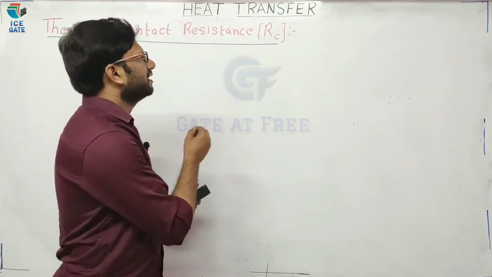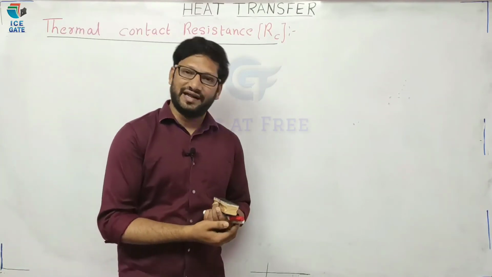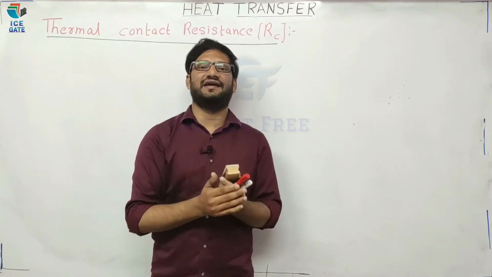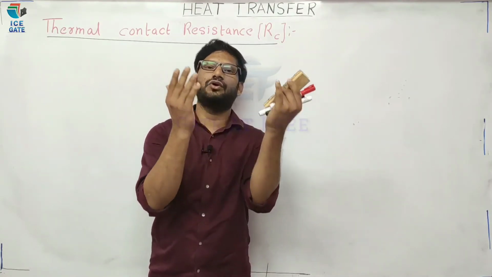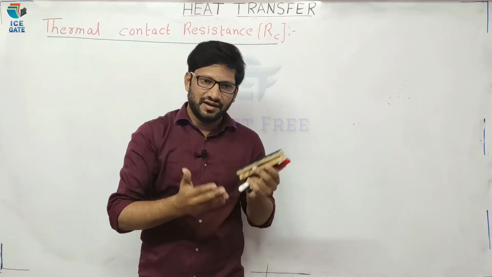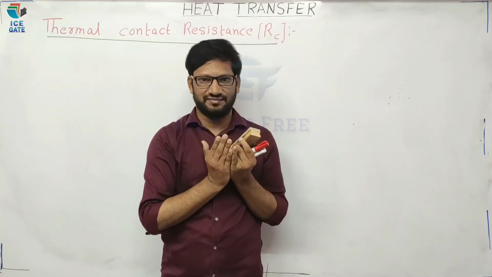The next topic is thermal contact resistance. So what is meant by thermal contact resistance? In the previous analysis of heat conduction through multiple layers or composite layers of a plane slab, we assumed the contact between two layers is perfect.